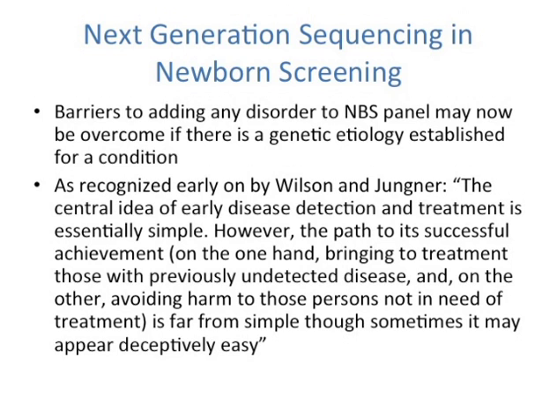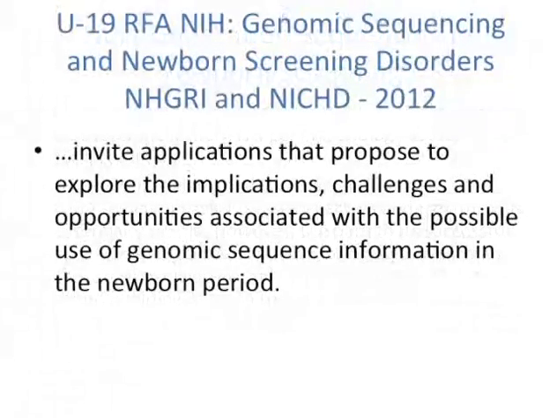though sometimes it might appear deceptively easy. And I think with all these things in mind, the NIH in 2012 invited applications to explore the implications, challenges, and opportunities associated with the possible use of genomic sequence information in the newborn period. Because we had a background in looking at one specific condition, Fragile X syndrome, in newborn screening, we thought that we were in a fairly good position to apply for the grant.